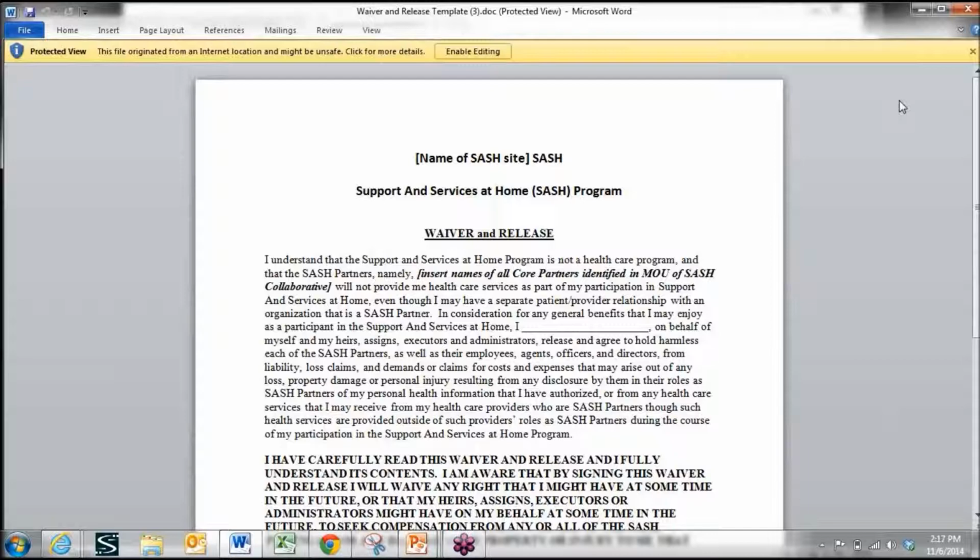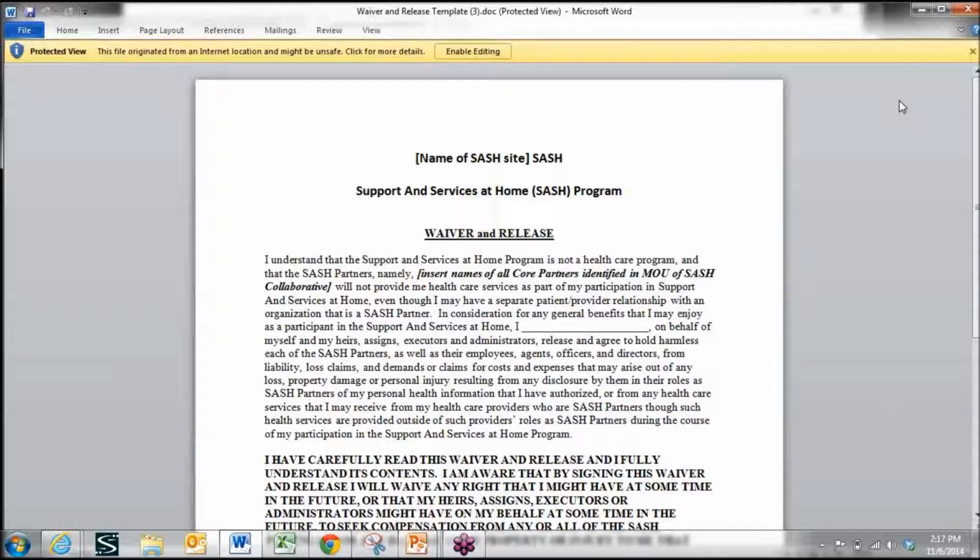So then the participant starts seeing the physical therapist, and let's say the physical therapist just happens to be from the Home Health Agency. So the physical therapist goes and meets with the participant, and as I bet you all know, there's always a ton of paperwork that happens when there's the first visit of a physical therapist or an occupational therapist or whoever it is.